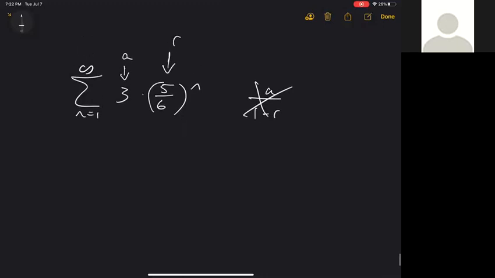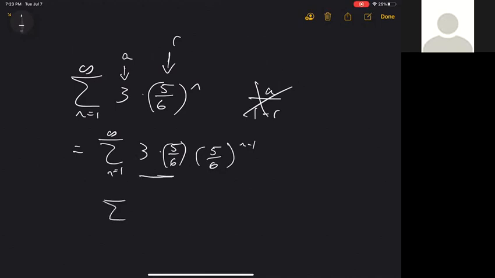So what I do is I say, hey, this is the same as 3 times 5 over 6 times 5 over 6 to the n minus 1. Now I got an n minus 1 there. That's good. Now I could just multiply this out: 3 times 5 over 6 is 15 over 6, and then I have 5 over 6 to the n minus 1.